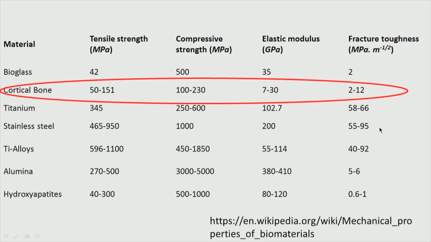Stainless steel, the fracture toughness is high, elastic modulus is very high when compared to your bone. Titanium, of course, is much less than your stainless steel, but even that has very high elastic modulus when compared to your cortical bone. So, this table compares different metals as well as ceramics like hydroxyapatite, alumina, bioglass with the bone. This was taken from this particular reference.